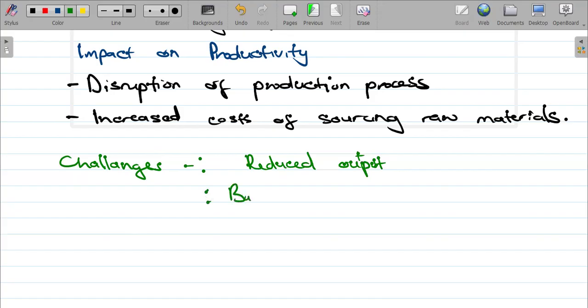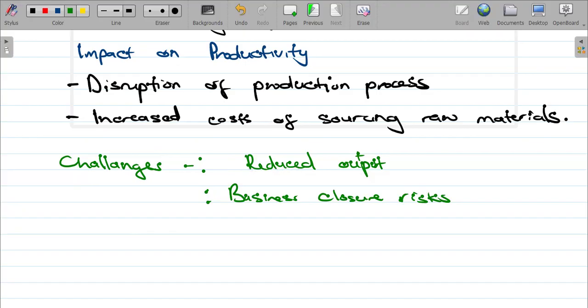Business closure risk, since there is an unavailability of raw materials.